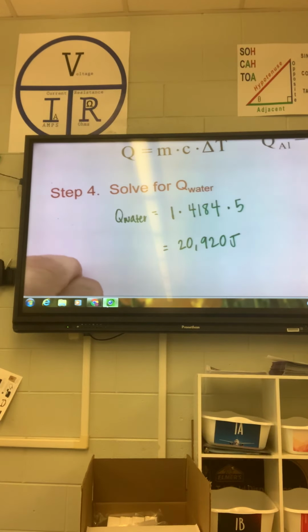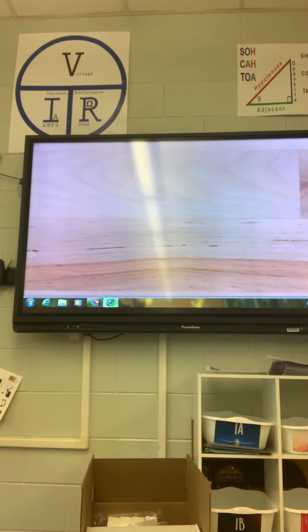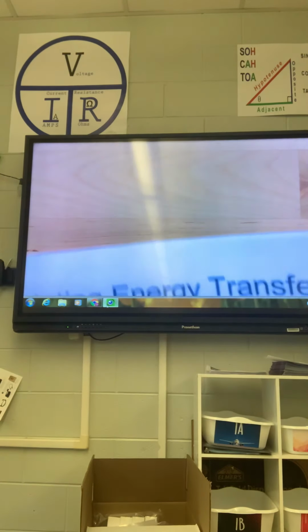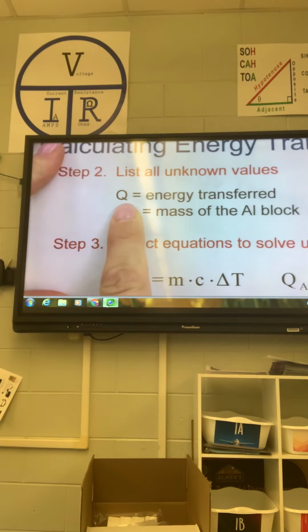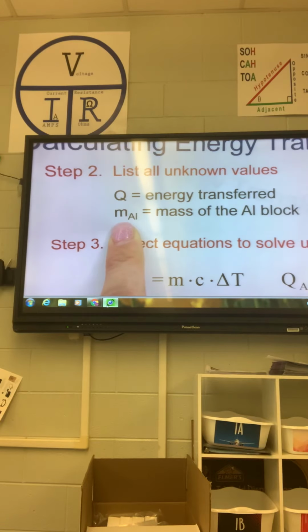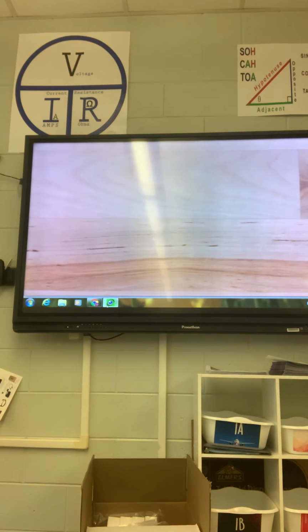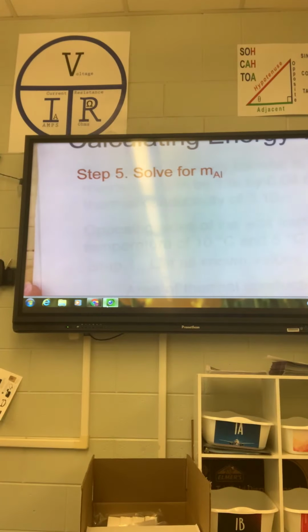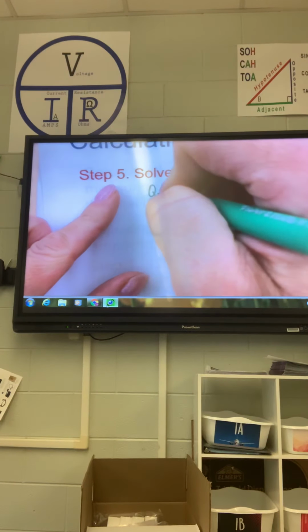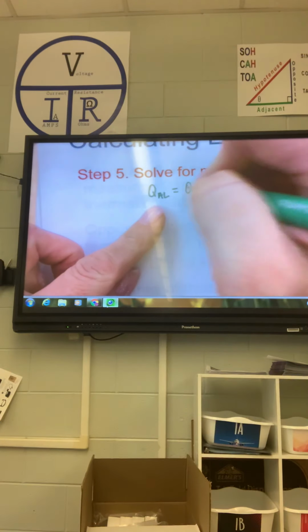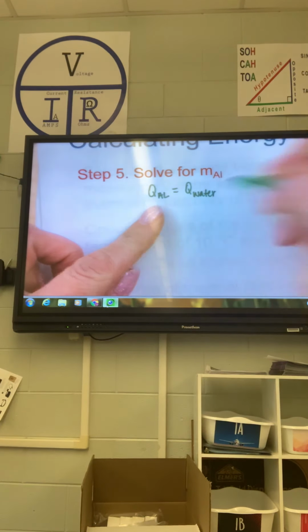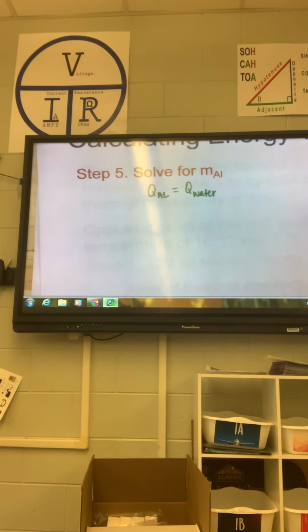Are we good for me to flip? All right, so remember, if I go back real quick, I solved now for that unknown. This is what I still need to solve for: how big is that aluminum block? So remember, Q of aluminum, or the energy transferred from the aluminum, is the same as the energy transferred for the water, and that was 20,920.